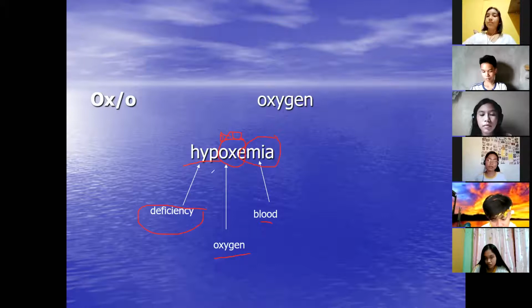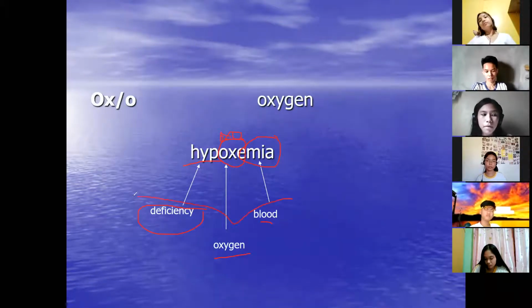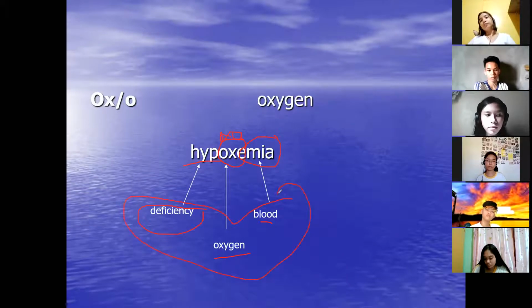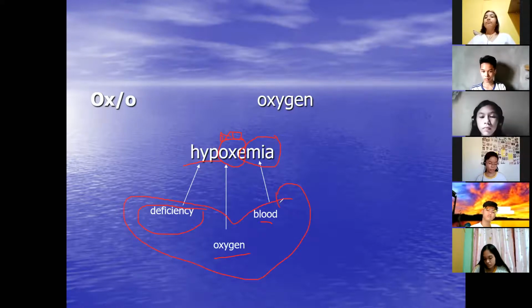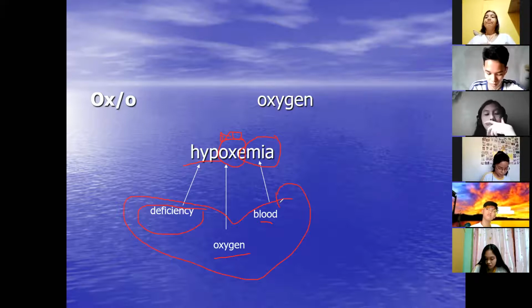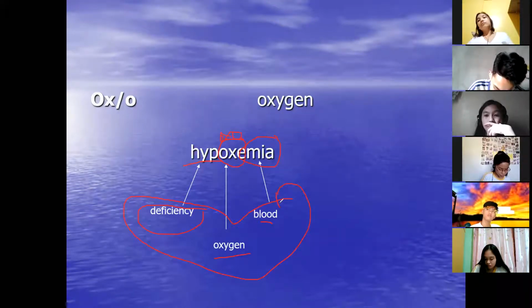Therefore, hypoxemia is the deficiency of oxygen in your blood. That's the condition when you are suffocated. When someone chokes your throat, less oxygen is delivered by your blood to the cells. Thus, you'll have hypoxemia.